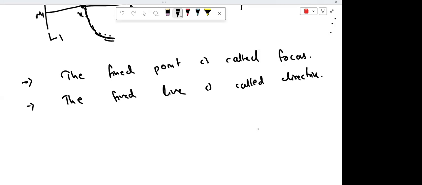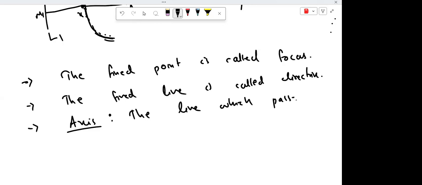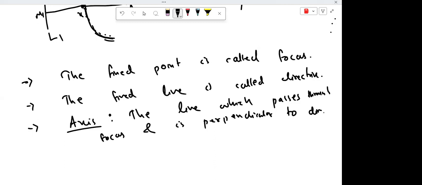The fixed line is directrix. There is something called axis also. What is axis? The line which passes through focus and is perpendicular to directrix is called the axis.